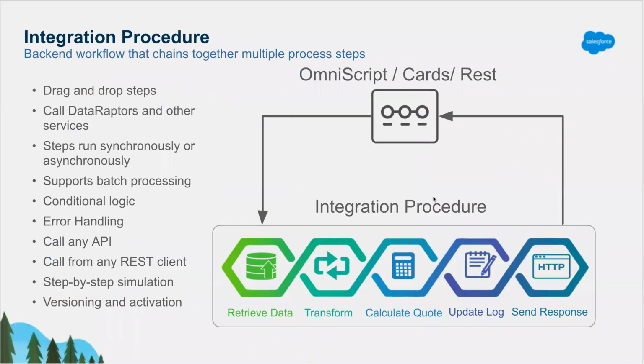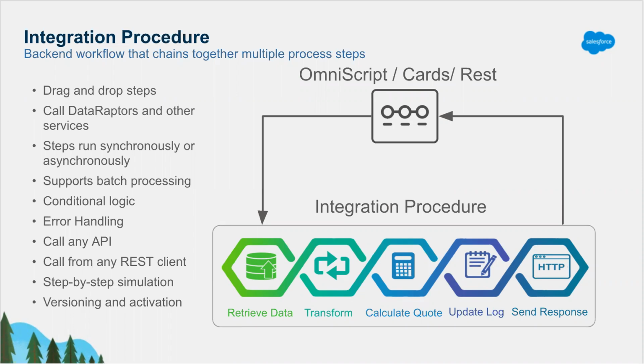Integration procedures are really a pipeline of operations. They are a kind of workflow. They are not a long-running workflow. It's a set of steps that get executed in a single transaction, and like I think I mentioned before, their primary cases are you're combining data from two or more APIs, or you're doing some sort of multi-step operation, which are pretty common in these configure price quote use cases.